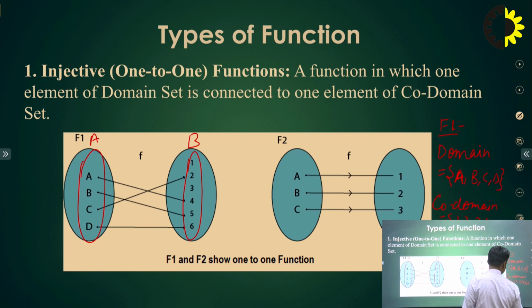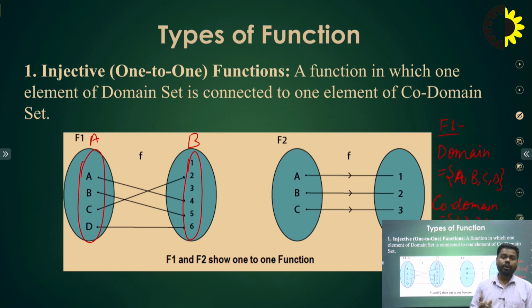The range is 2, 4, 5 and 6. These are the values of the domain, codomain, and the range.